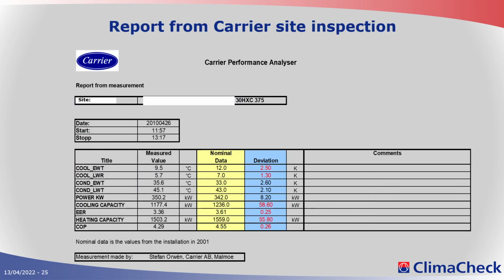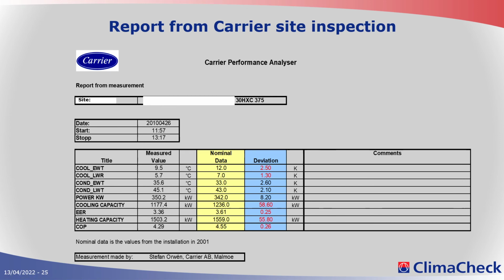This is one example of how Carrier uses ClimaCheck to validate that the supplied unit is operating according to a specification. So this is a 38HXC chiller heat pump, and they first measure it, but you can see that they could not measure it at the nominal data. They had different temperatures that it was operating at.